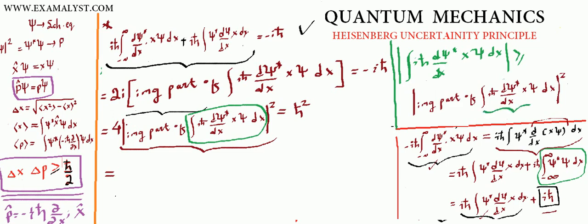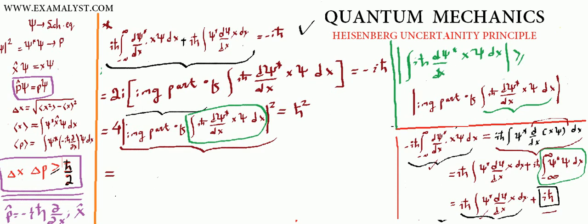So the imaginary part of this will of course be less than the original function. So there won't be any 2 here. Agreed on this part?